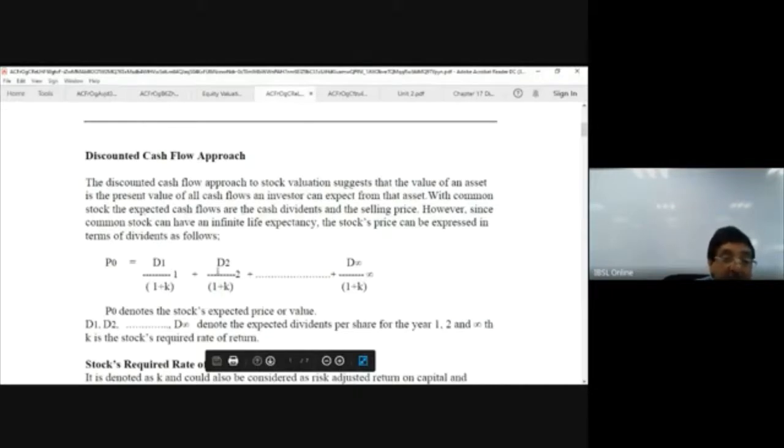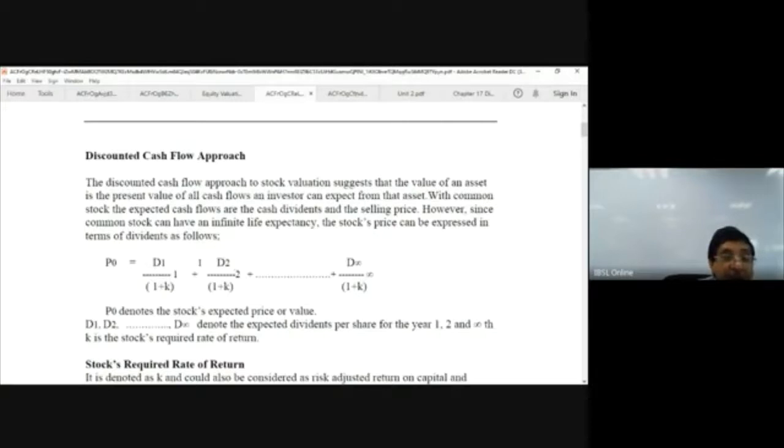Because these are dividend cash flows we are talking about, the stock is taken as a perpetual investment where there's no maturity date, but you will get dividend cash flows for each year. That is our assumption, and we assume an infinite number of years of lifetime for the stock. D1 is the dividend income from that stock for the first year.